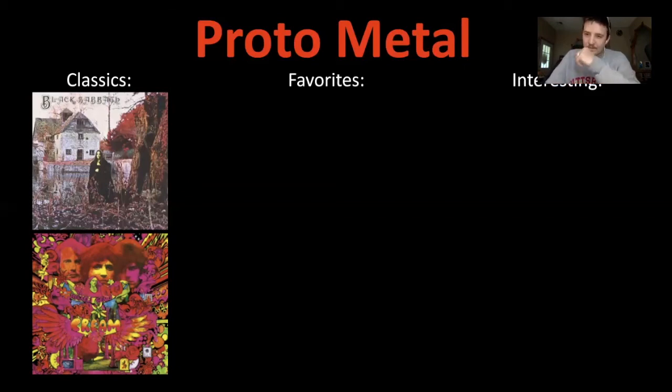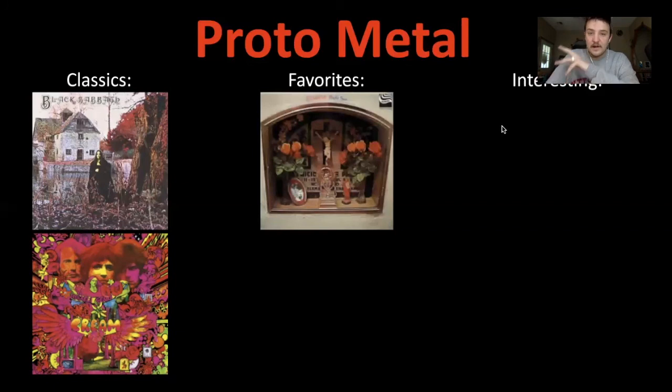Next, I want to talk about some of my personal favorites that I would consider to fall into the proto metal category, this early stuff. So this one, the band is Night Sun, and it's the album called Morning. It's really really heavy and kind of obnoxious in a way, but I really like it.